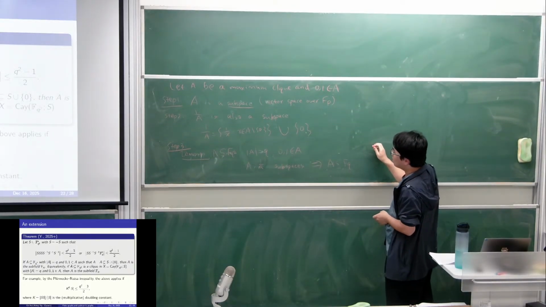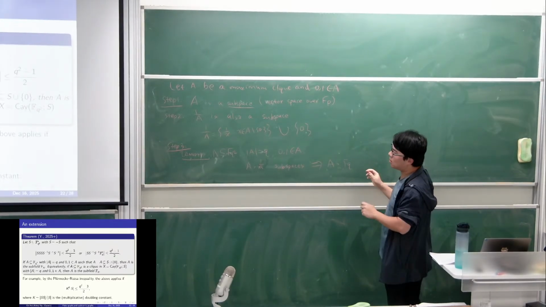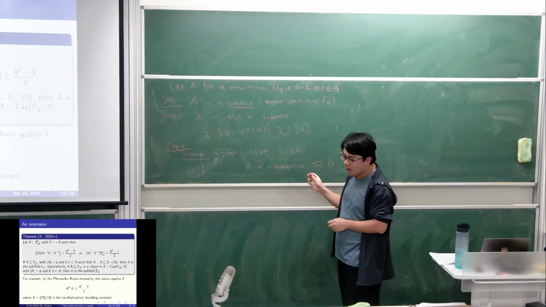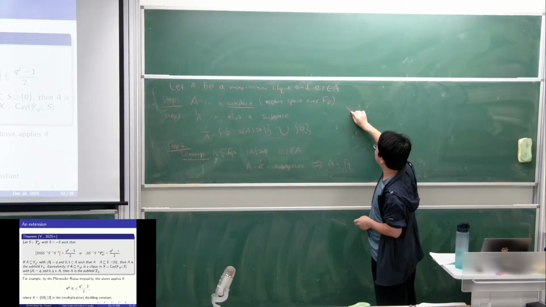Okay, and for the second step, I want to just illustrate this by a particular example. So let's just consider the case where our graph is the Paley graph.